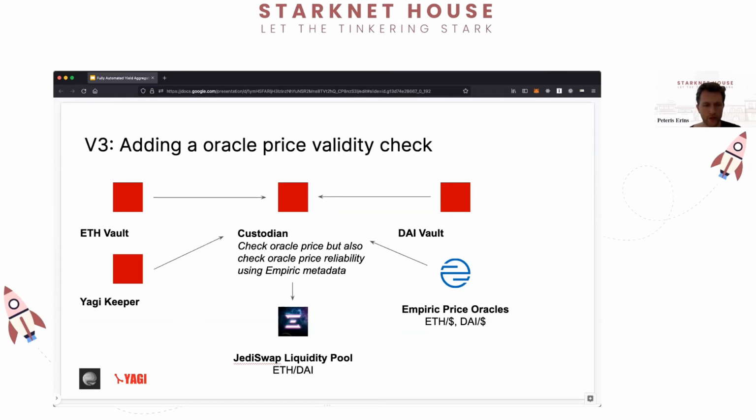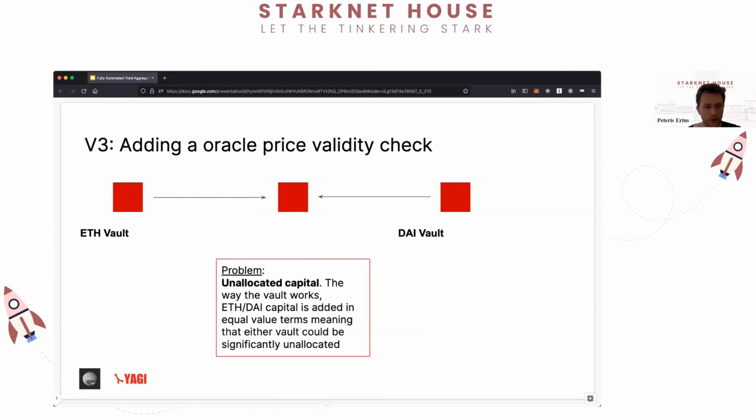Okay, so we can build some trust around using this oracle correctly. Does this fix everything? Well, there's still one more thing, which is what if there's unallocated capital? What if the vault, for some reason, is just much more attractive to people depositing Ether than to people depositing DAI?